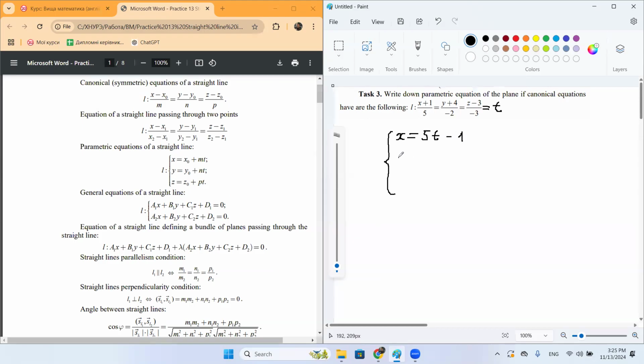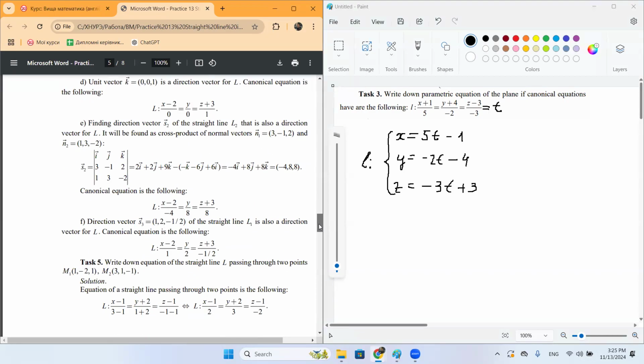So x equals 5t minus 1, y equals minus 2t minus 4, and z equals minus 3t plus 3. And so that's just a parametric equation. Any questions about this task? No. Yeah, quite quick, quite easy.